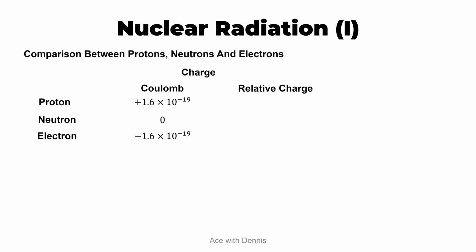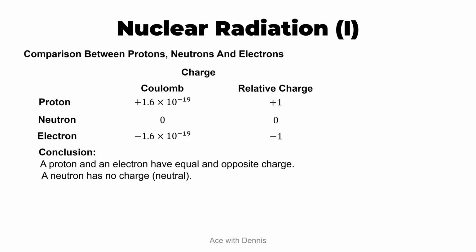If you compare the relative charge, a proton has positive 1, neutron is 0, and electron is negative 1. So we can conclude that a proton and an electron have equal and opposite charge, while a neutron has no charge, hence it is neutral.